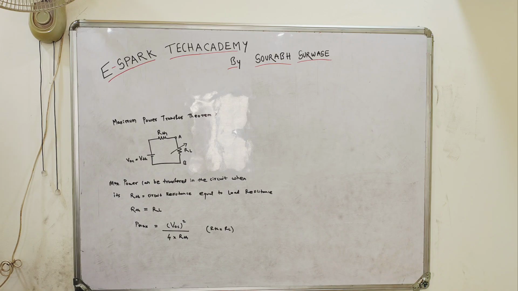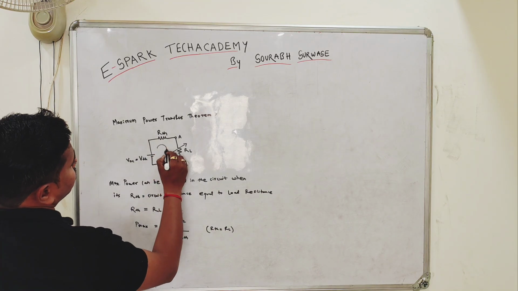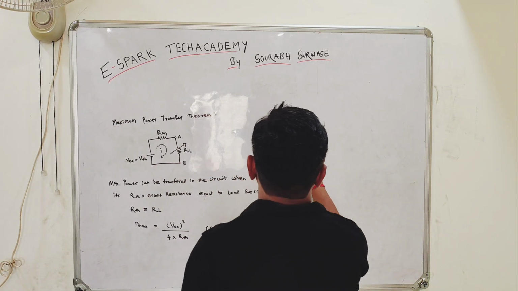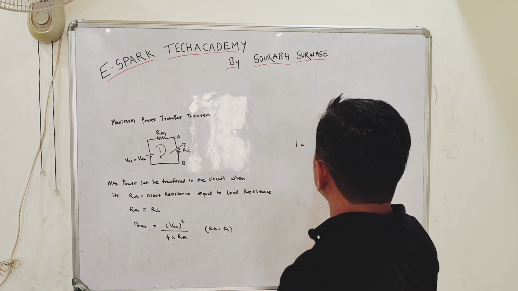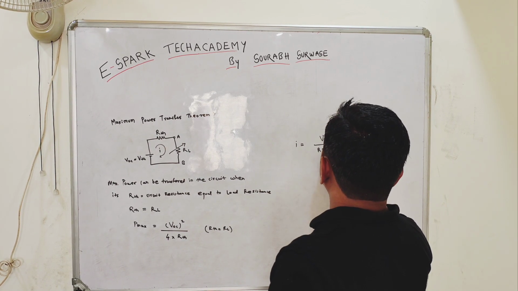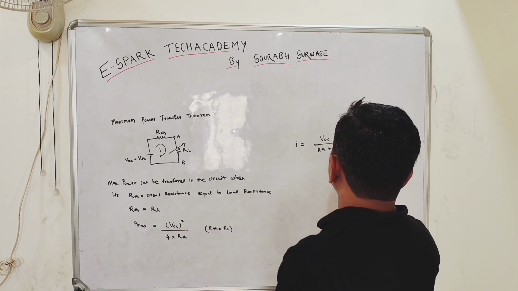First of all, I will tell you the basic equation. In this case, when we calculate the current, I will be nothing but the voltage VOC divided by RTH plus RL.